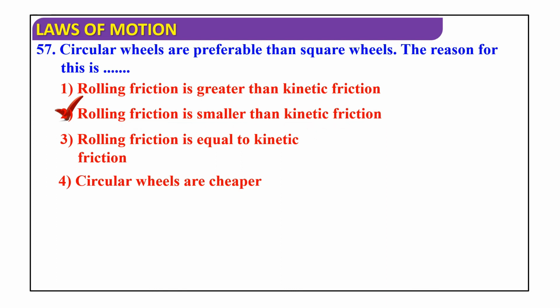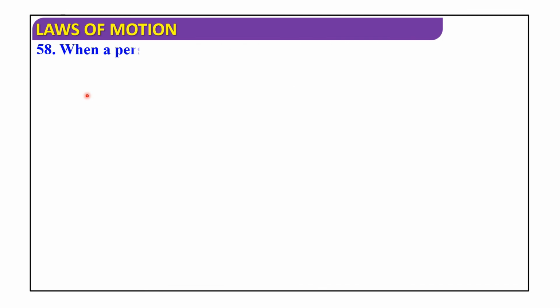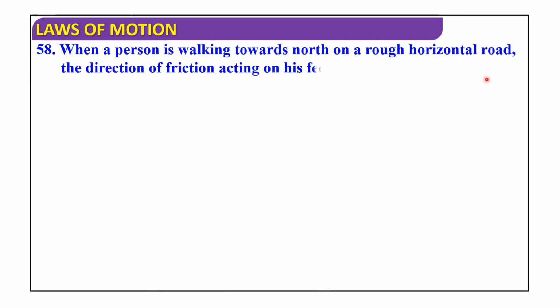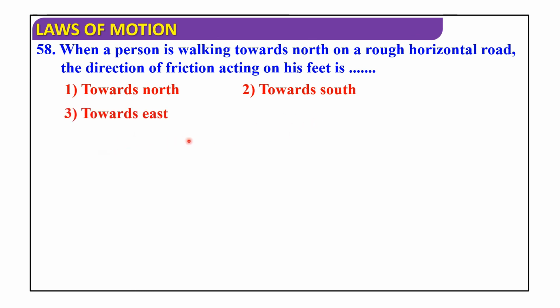Okay. Next, when a person is walking toward the north on a rough horizontal road, the direction of friction acting on his feet is: towards north, towards south, towards east, towards west. So when a person is walking towards the north on a horizontal road, the direction of friction acting on his feet is towards north, the same direction.